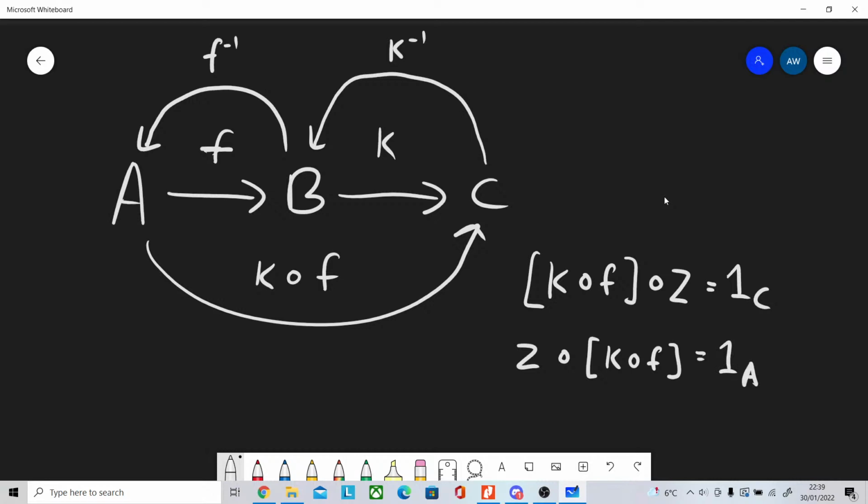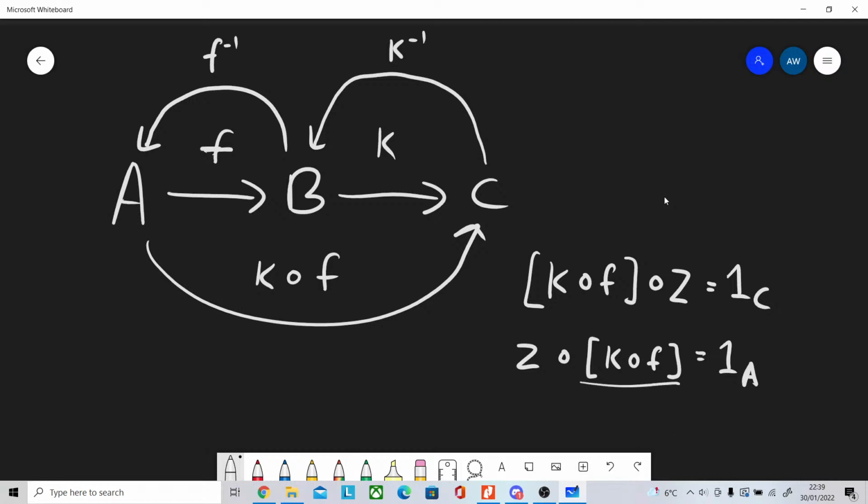Right, we do Z first and then Kf. So Z is the function that we're looking for that goes from C to A, and then Kf. So that is just a mapping from C to C that we're looking for when composed together, and we need it to satisfy becoming the identity mapping.